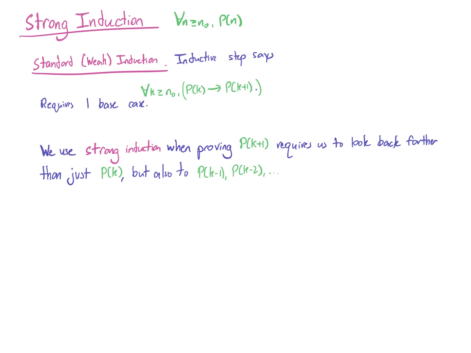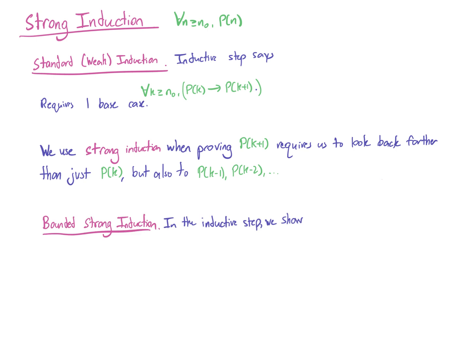I'm also going to look back to p of k minus 1, p of k minus 2, and so on. And together, these many propositions are going to give me the information I need to derive that p of k plus 1 is true.